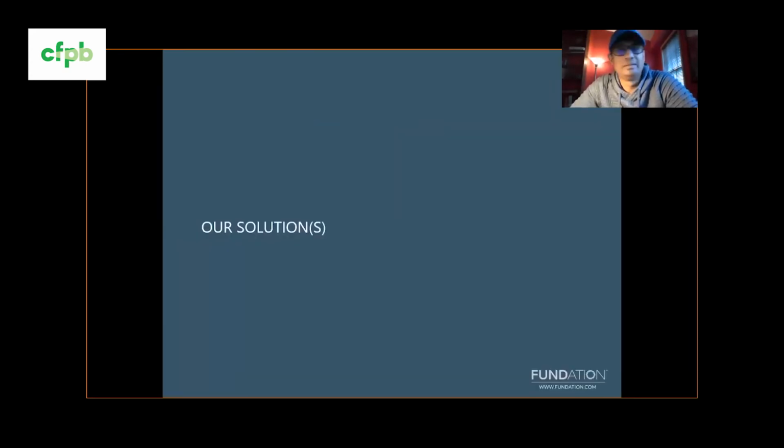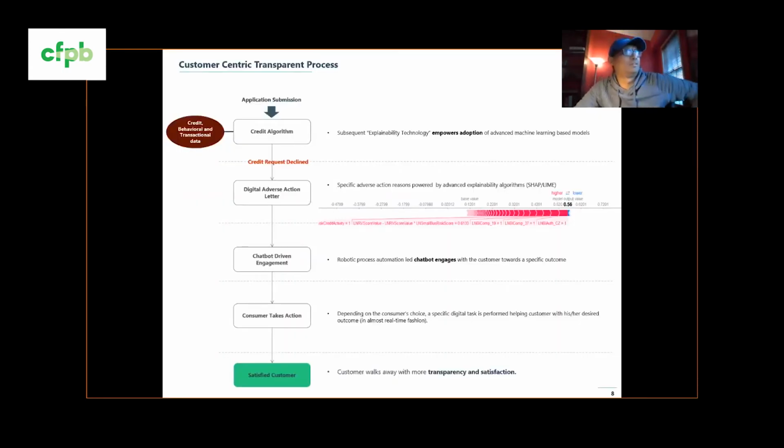Moving on, this is our solution, right? The basic process here is there's a credit algorithm, right? One of the option values of the solution is, because we'll be using the explainable tech, it will empower adoption of advanced machine learning based models in credit algorithms, right? Because that's one of the side values.